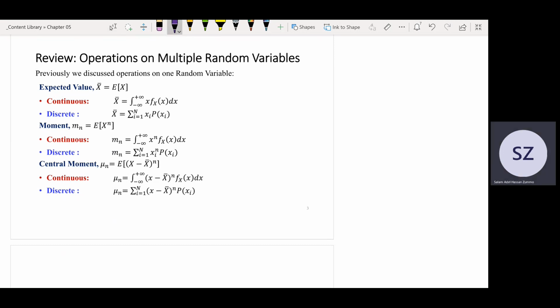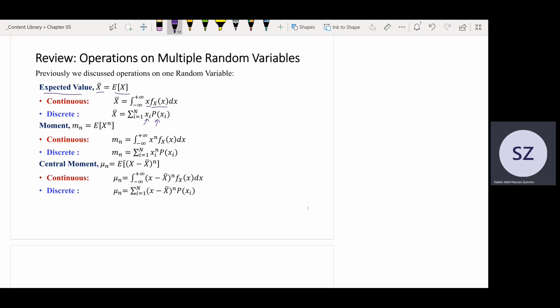So basically, we defined the expected value and gave it the symbol x bar, which is the expected value of X. The way we calculate it for continuous random variables is we multiply the PDF with x and integrate. For discrete, we add every value of x weighted with its probability. This is the way we calculate the average of a random variable.